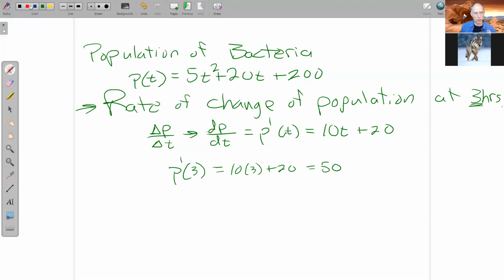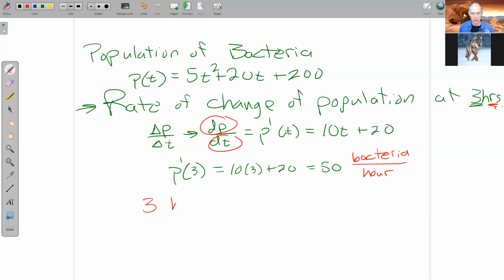And again, what are the units here? Well, we have a change in population, so that's bacteria, over a change in time. What was the time here? Oh, hours. Bacteria per hour. So what this tells me is 3 hours into the growth of the bacteria, the population is increasing by 50 bacteria per hour.